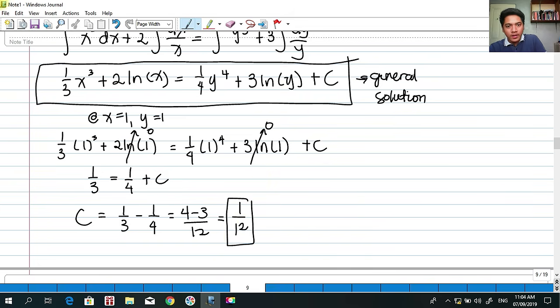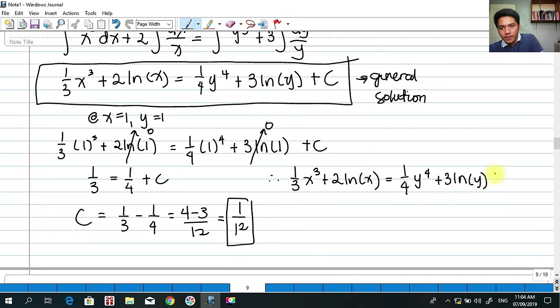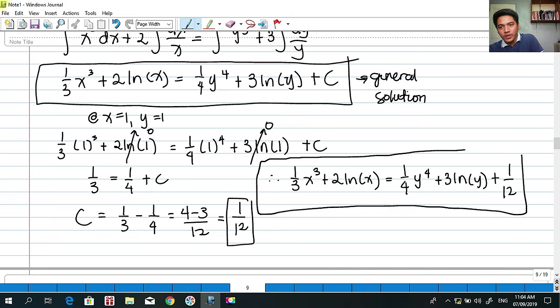Hence, therefore, our solution or particular solution will be 1/3 x cubed plus 2 ln of x equals to 1/4 y raised to 4 plus 3 ln y plus 1 over 12. So this is our particular solution for this problem.